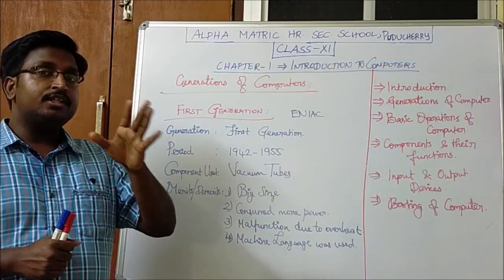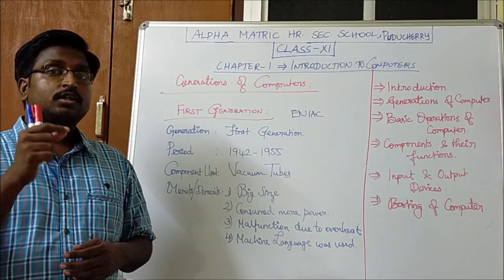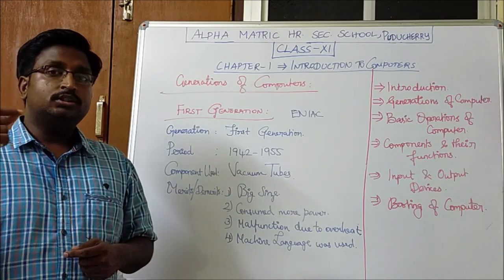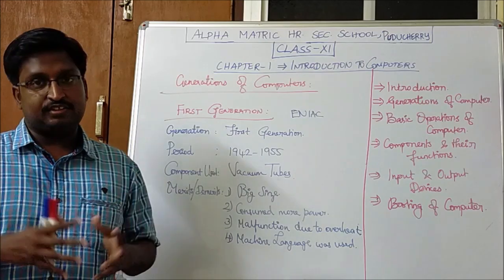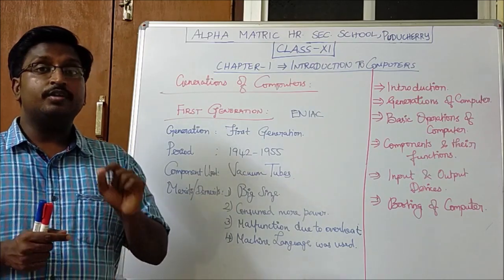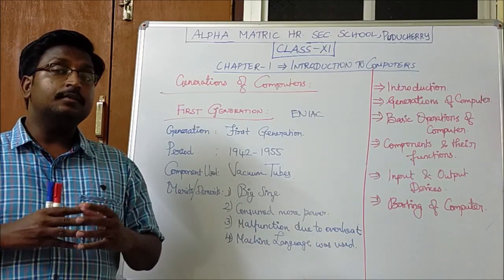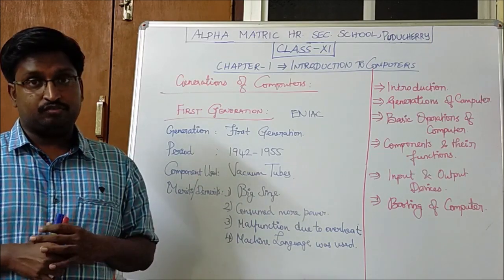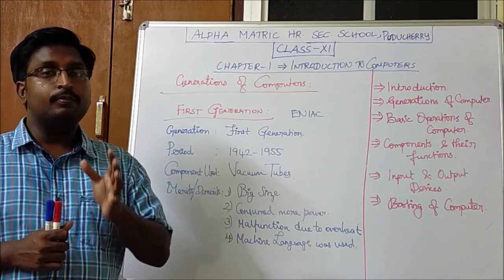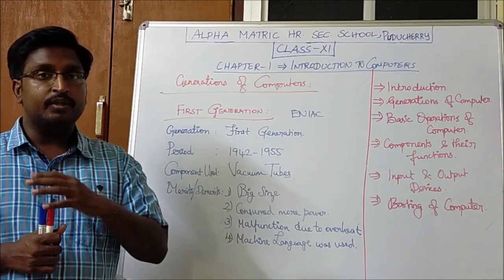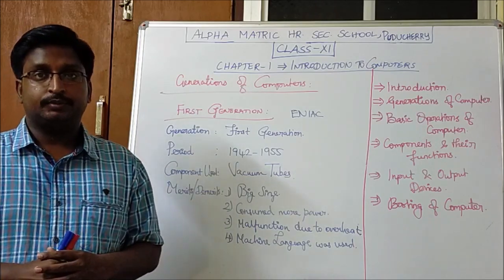It weighs about 27 to 30 tons, it is huge in size, and it consumes 150 watts of total current. So these are the major disadvantages they faced. To overcome this, they developed a new component which they implemented in the second generation.